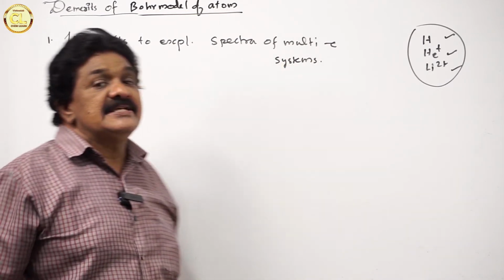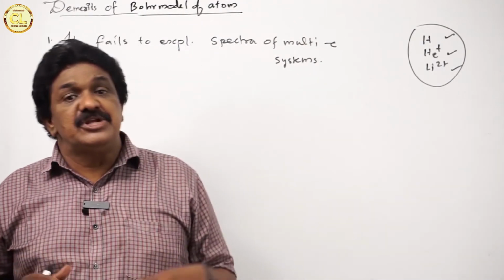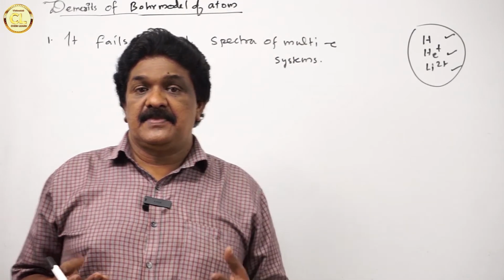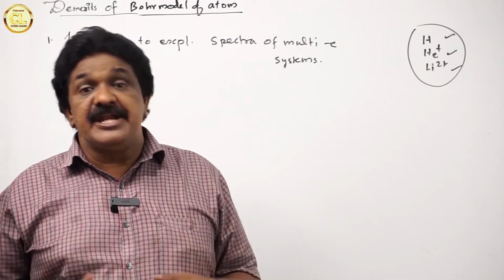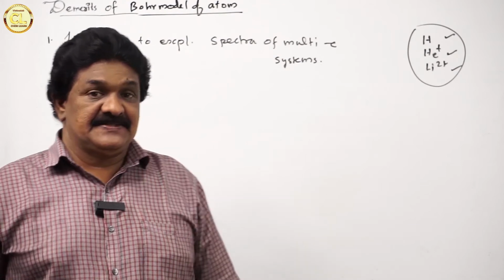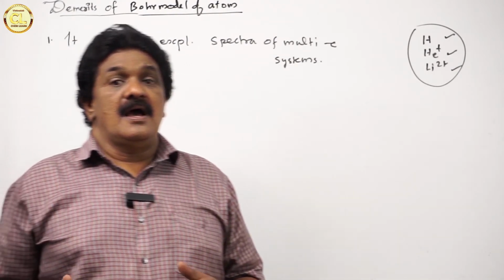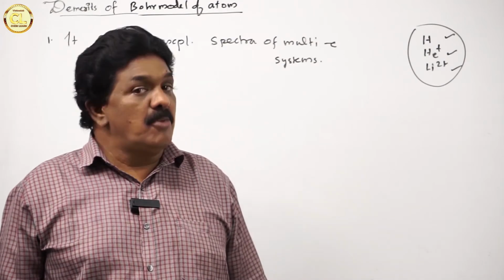It is because their spectra are complex. That is, the systems containing two or more electrons. The spectra of systems containing two or more electrons are complex, and their spectra are not explained by Bohr model of atom.